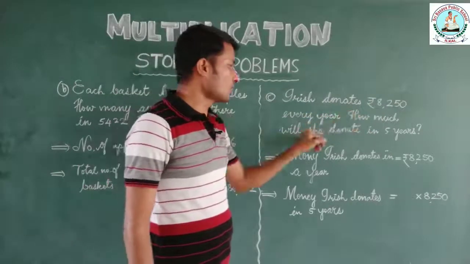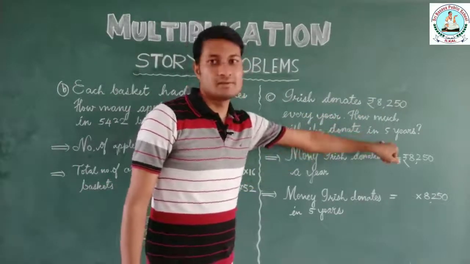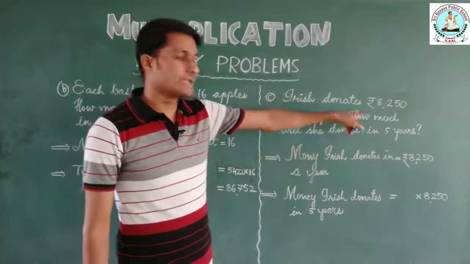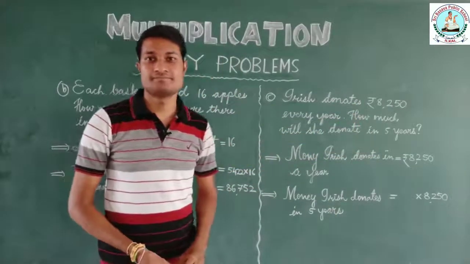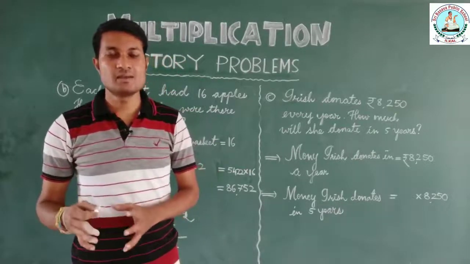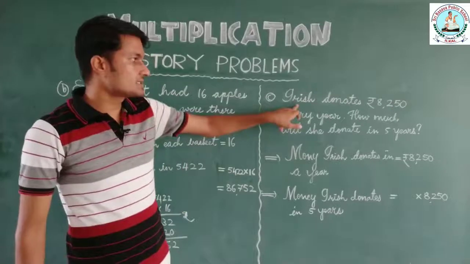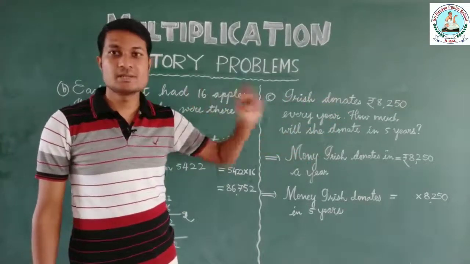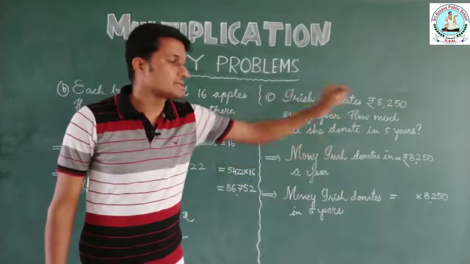Then how much will she donate in 5 years? She is a lady donating rupees 8,250 for someone who is very incapable, right? So she is donating this much money every year. Then how much money will she donate in 5 years?